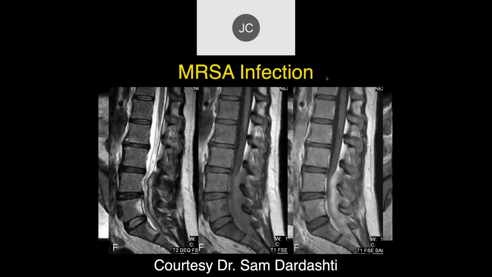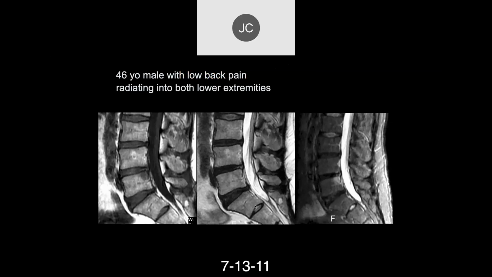No. This is an infection. Oh, it is. The first thing you have to worry about after people violate the skin is, is it an infection? Yeah. This turned out to be a methicillin-resistant Staph aureus infection, starting in the facet joints, and now we can see it's extending out into the epidural space. Okay. All right.